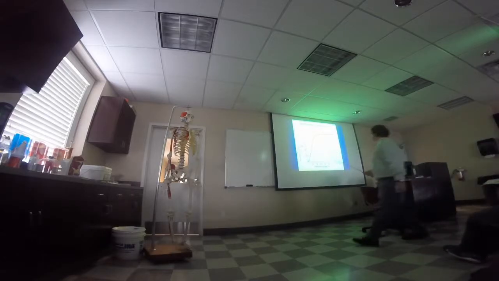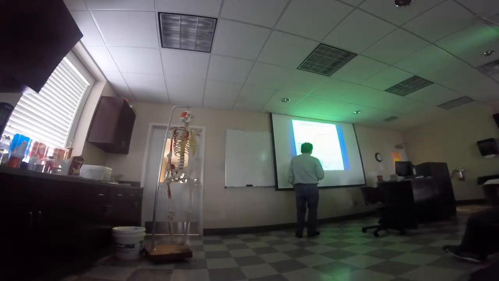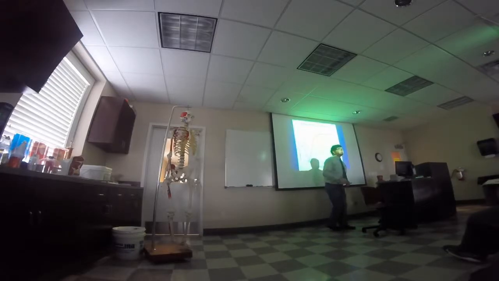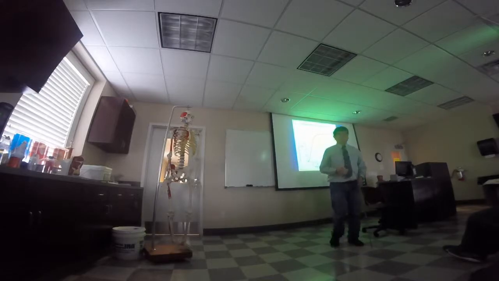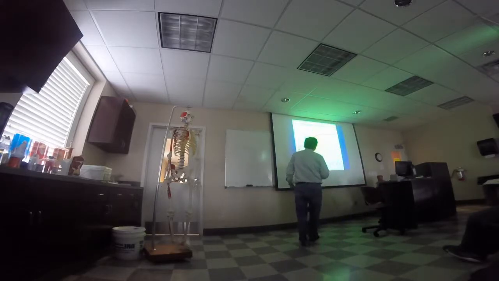Now, let's look here. As long as your PO2 is about 60 millimeters of mercury, hemoglobin saturation is fairly high. In fact, at 60 millimeters of mercury, hemoglobin is 90% saturated. But look what happens if your PO2, and we're talking about arterial blood, drops below 60 millimeters of mercury.